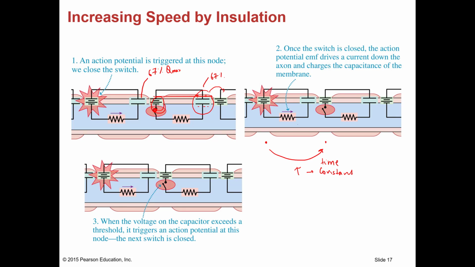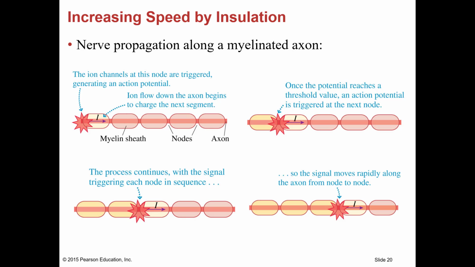During time constant tau, the signal gets from point A to point B, because it takes that much time to get this one fully charged, and once it's fully charged, it triggers the next one. So it takes that much time to transfer the signal from one part to the other. That's what you see here.